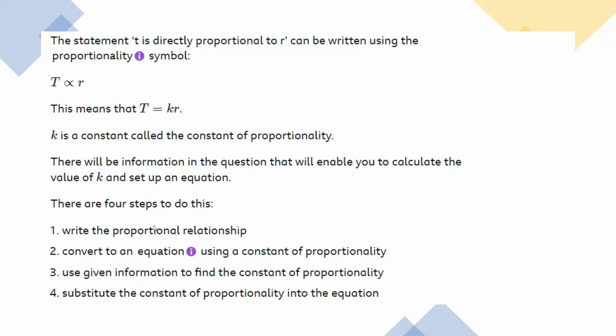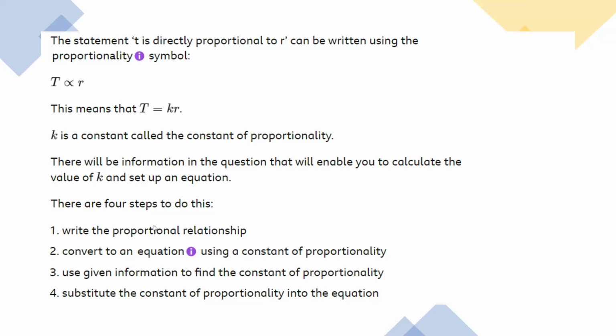As I told you, T can be the time you spent studying for your GCSE, and R can be the estimated score or estimated rate. So T is directly proportional to R, and the symbol in between T and R is the proportionality symbol.